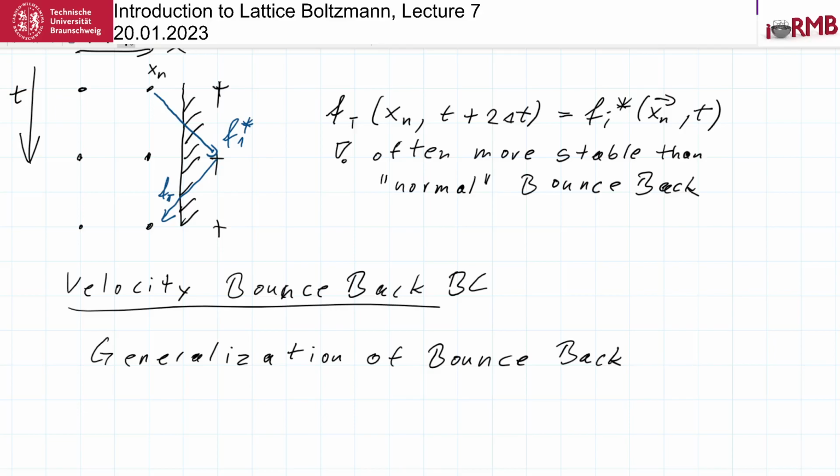So when we have fi at x_n, t plus delta t. So now I, just as an example, use the first one here. This is equal to fi, the post-collision state at the previous time step.